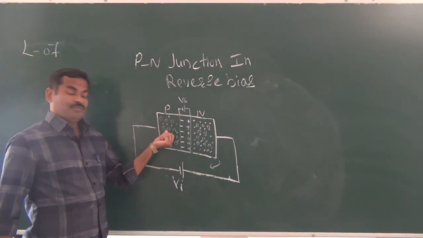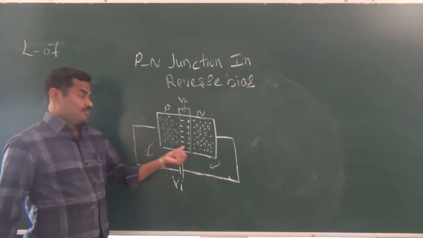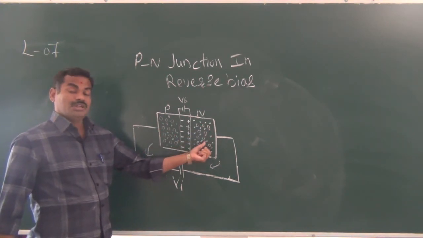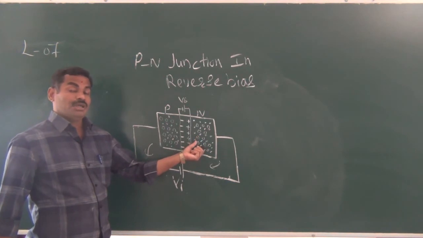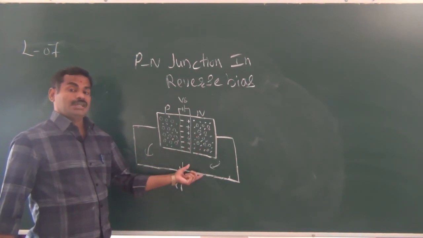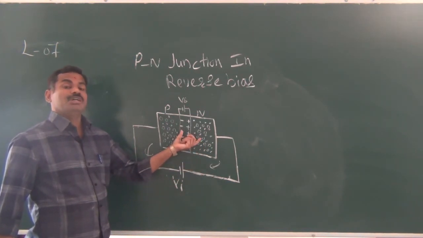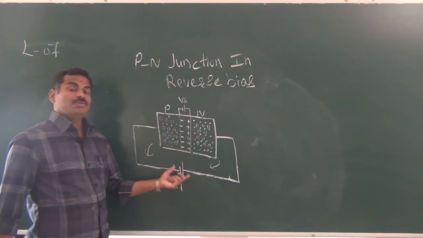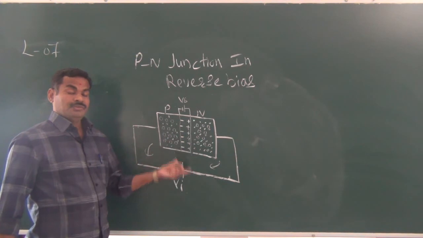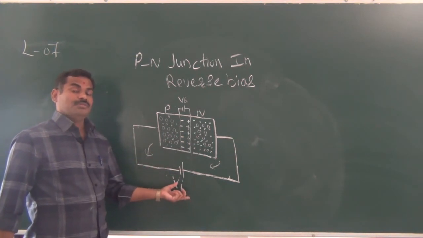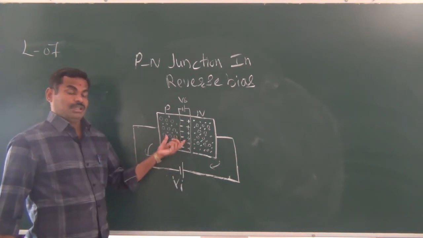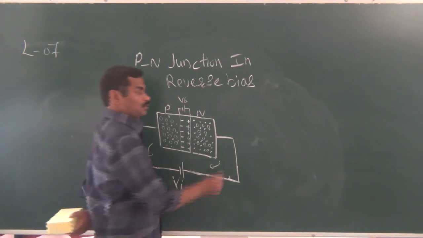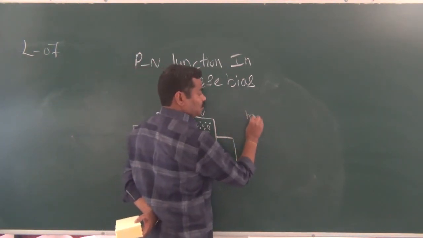In the P type, electrons are minority carriers. It means in the reverse bias, the current is because of minority carriers. The applied voltage acts as forward bias for the minority carriers.